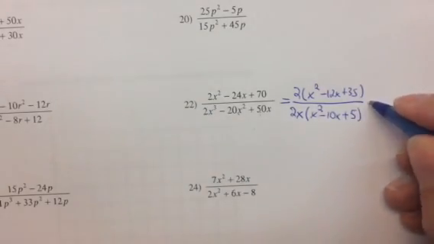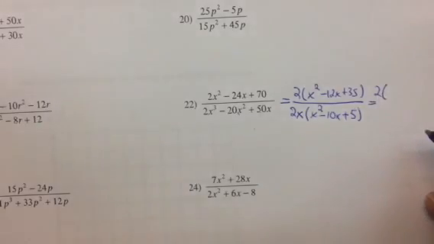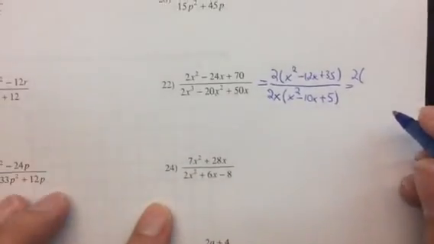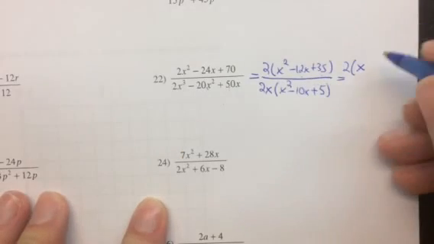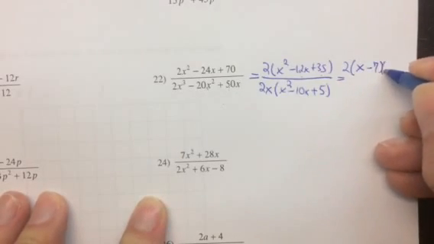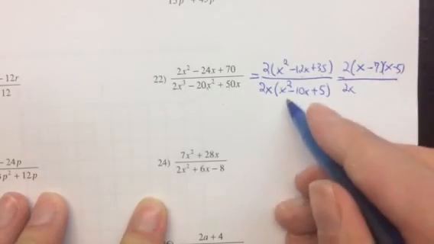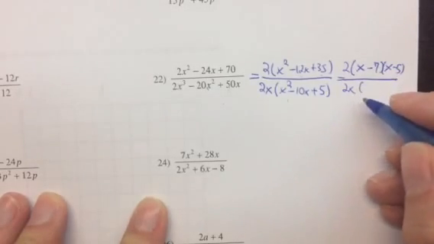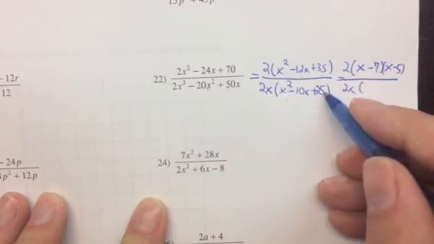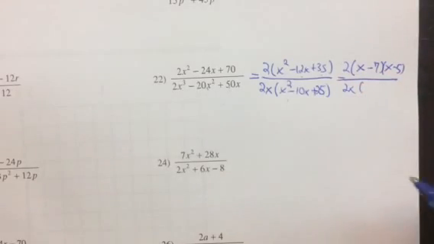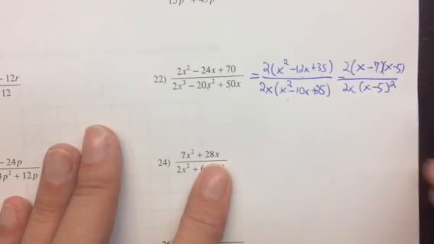Now we can factor these quadratics even more. This is 2 times x, we need to multiply to make 35 and add to be negative 12: x minus 7, x minus 5. 2x times, oh wait, something's going to be wrong here. I don't know why when I divided this by 2, I said 25, I think, but I wrote 5. 2 times x minus 5 squared.